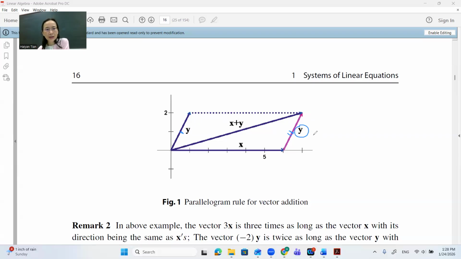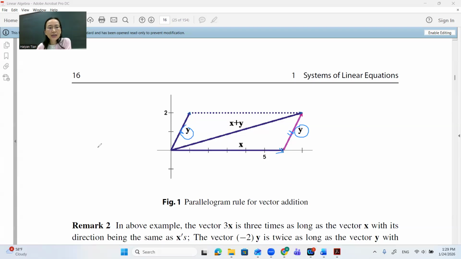When we compare any two vectors, we say they are equal if they have the same length and the same direction. When both length and direction are the same, then the two vectors are the same. So that's why these two are both y vector. And then the x is here.